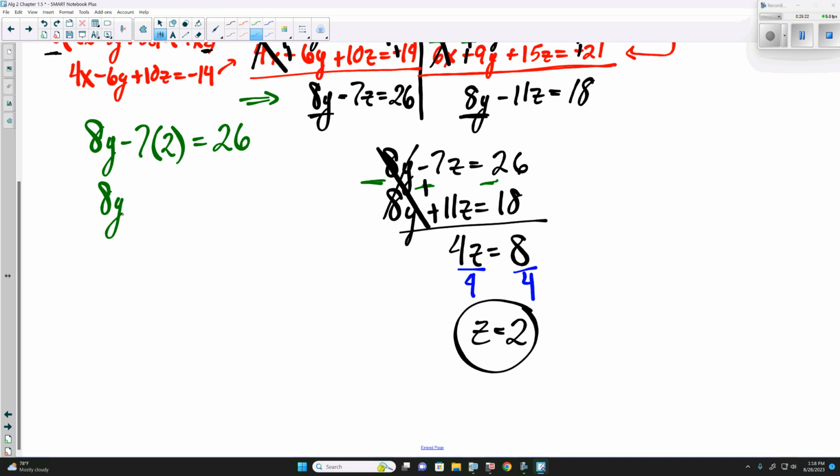Well, negative 7 times 2 would be what? Negative 14. Now, if the value of z had been negative 2, then yes. Because then we would have negative 7 times negative 2, giving us positive 14. Our next step in solving for y would be 2.